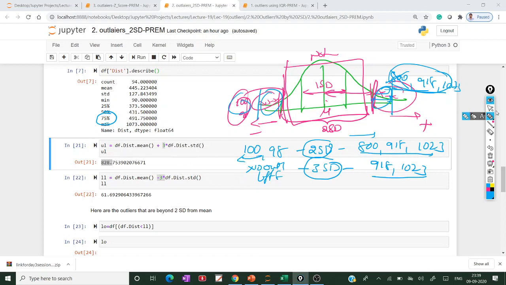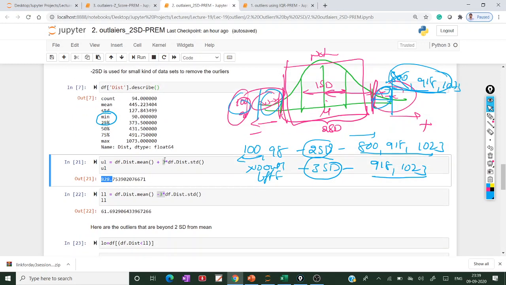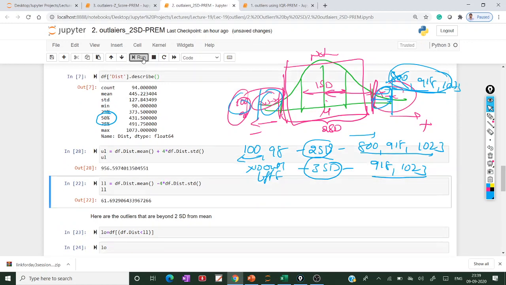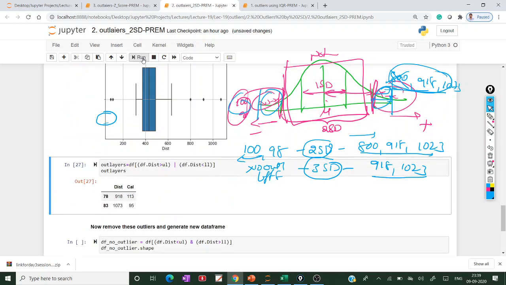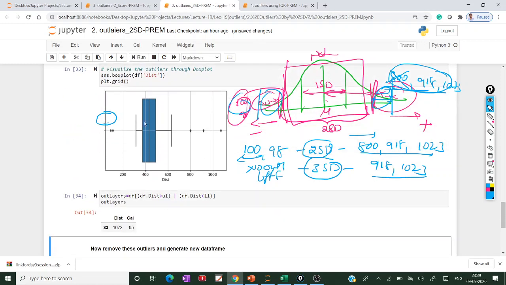If you are using the fourth standard deviation, we will see what happens.